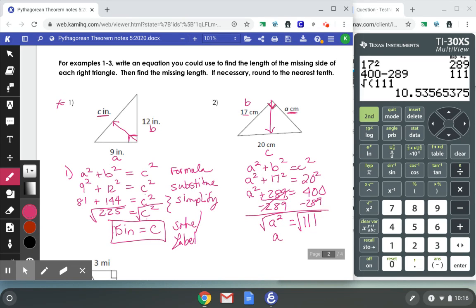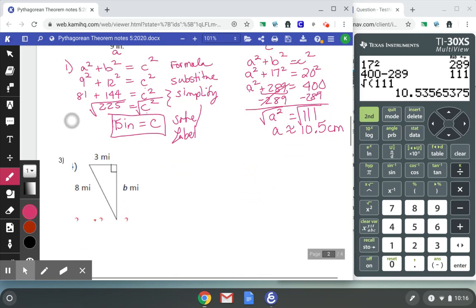The directions say to round to the nearest tenth. So A is approximately 10.5, and I'm going to label it centimeters.